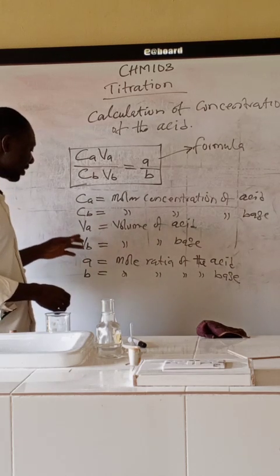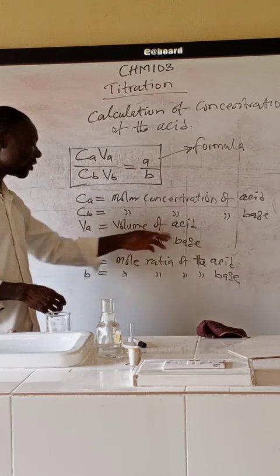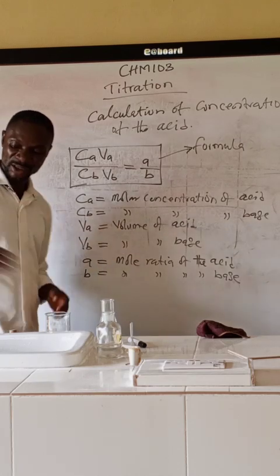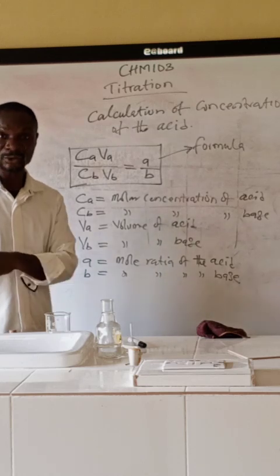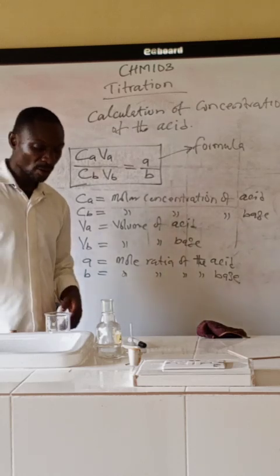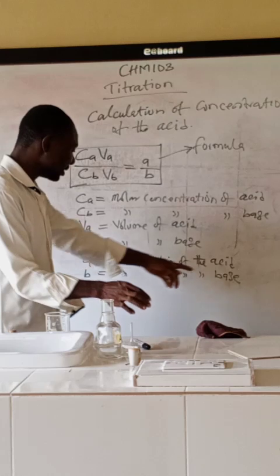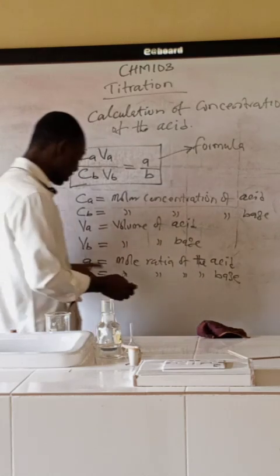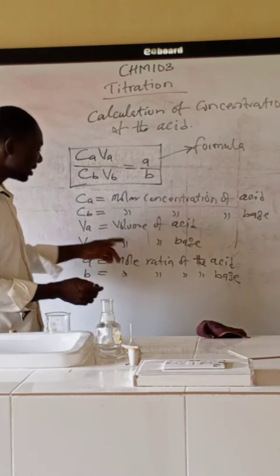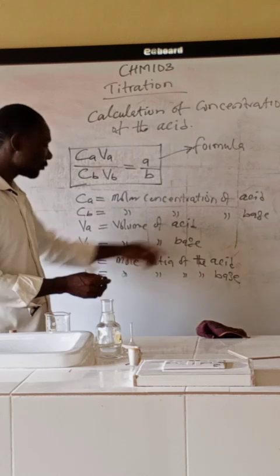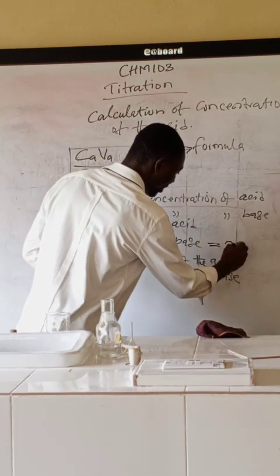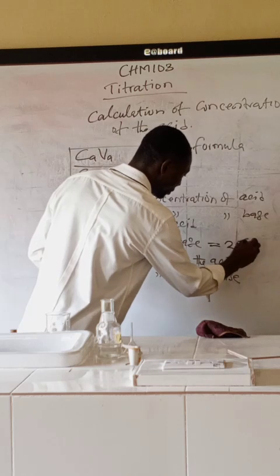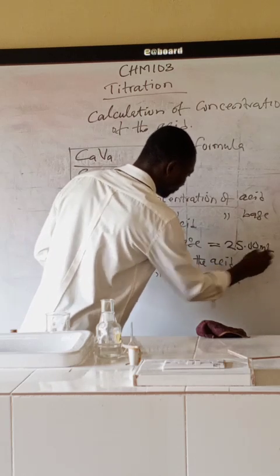Then VB is the volume of base used, which is, in this case, 25 ml.